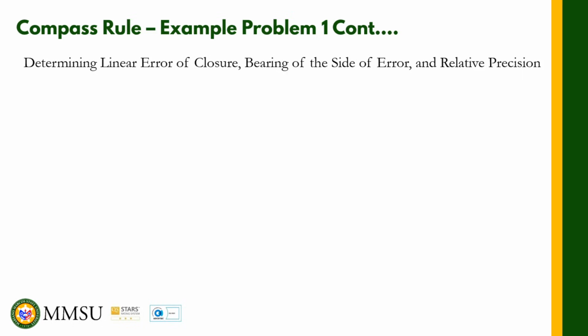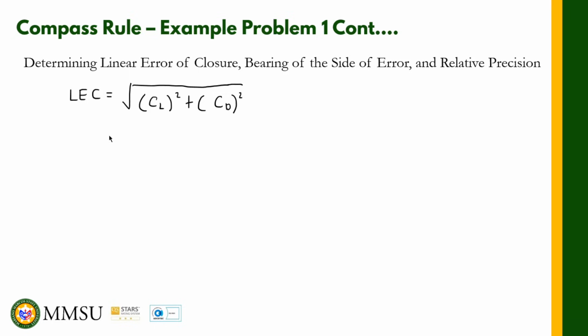Okay, so now we can compute for the linear error of closure, the bearing of the side of error, and the relative precision. Okay, for the linear error of closure, we have our formula, di ba? Meron na tayong formula dito noon. The linear error of closure is just equal to the square root of the total closure sa latitude square plus the total closure sa departure square. Okay?